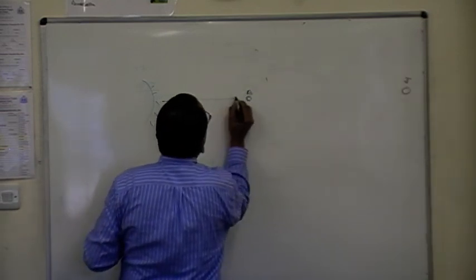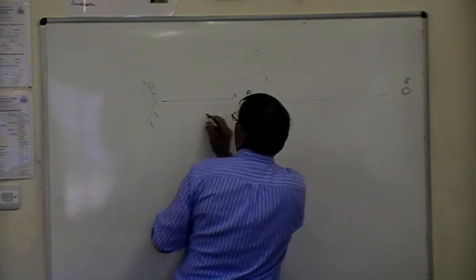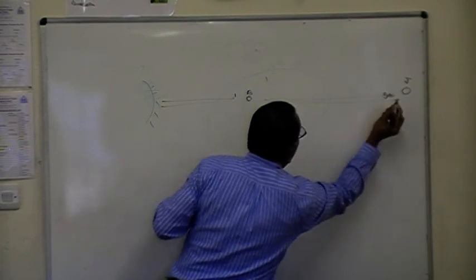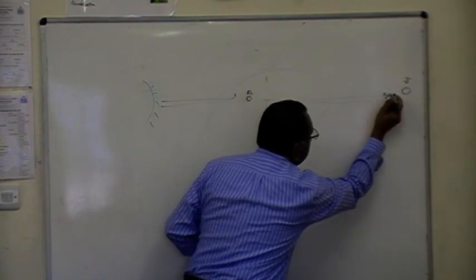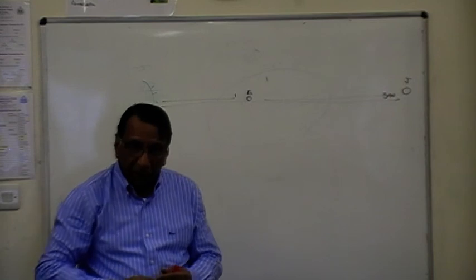This is 1, this is 5. Total 5, sorry. That's it, 5 AU. It's called an astronomical unit.